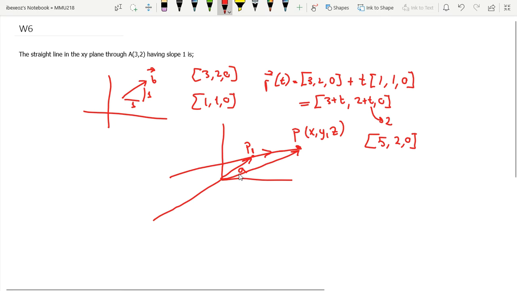So the other way we could represent the line we have here: the position vector that I'm interested in, which is my generic case, like any x, y, z, okay?